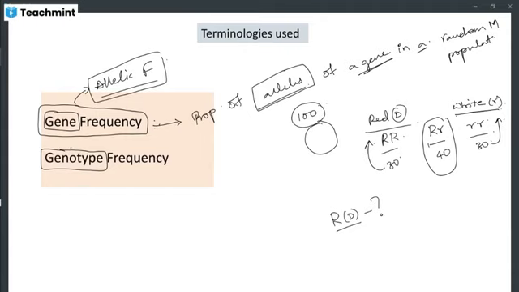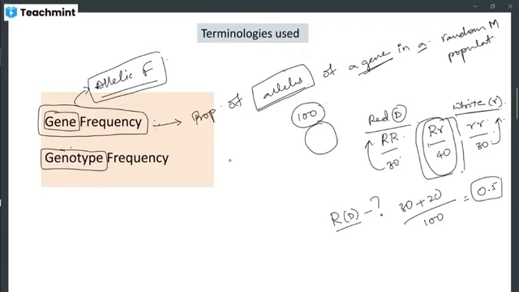Okay, how? Sir, considering the total number of capital R and half of the capital R smaller, divided by the total population. Okay, so 30 plus 20, half of 40, right? By the total population. So that will be your 0.5.